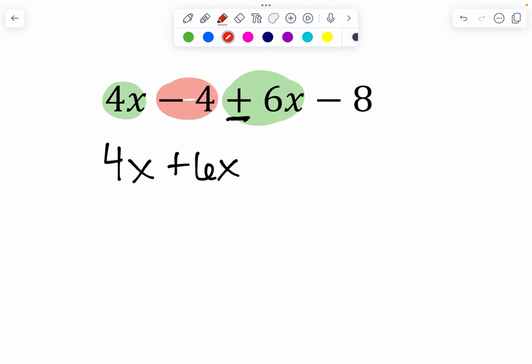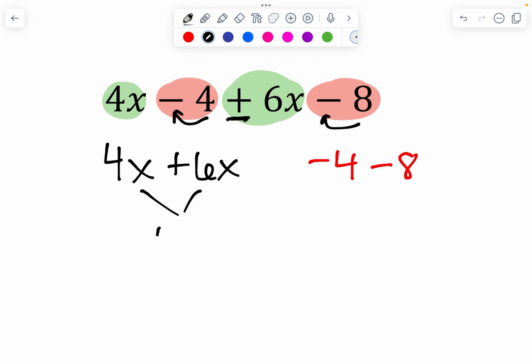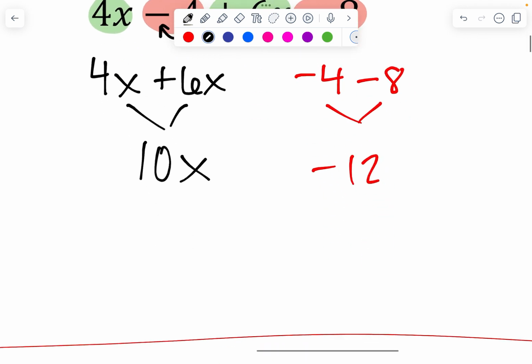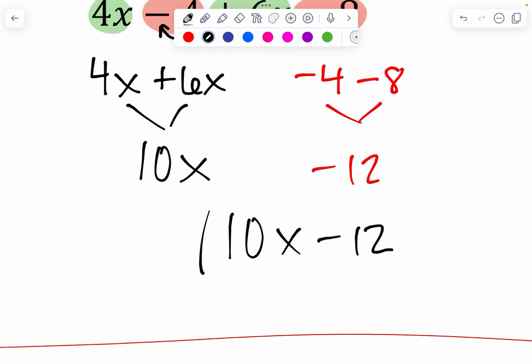And then I also see a -4 and a -8. So again, using the sign in front of the number to help me combine, this would be -4 minus 8. So these 2 together make 10x. These 2 together make -12. So your final answer will be 10x minus 12.